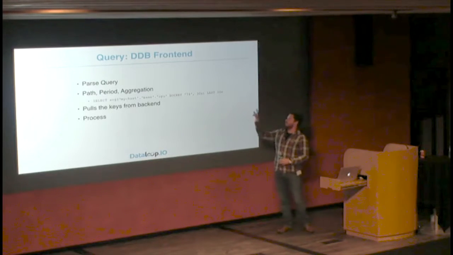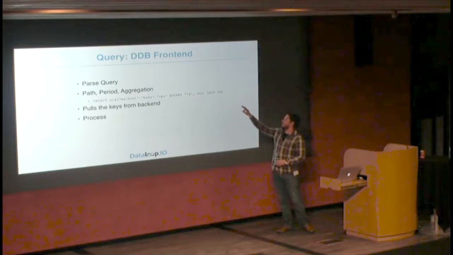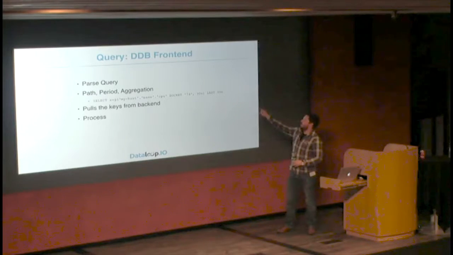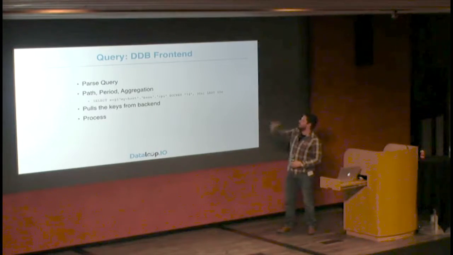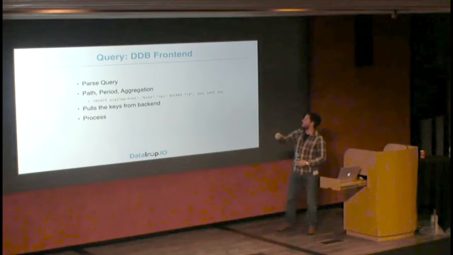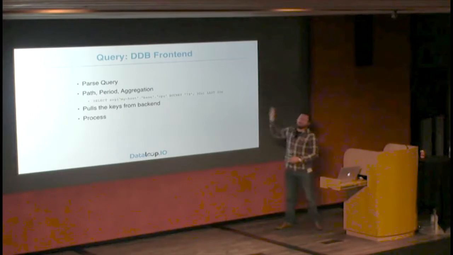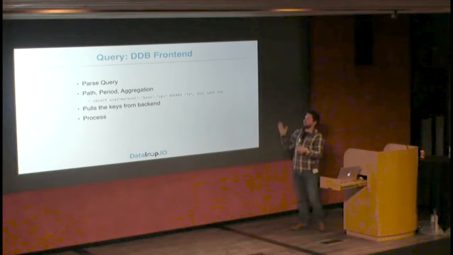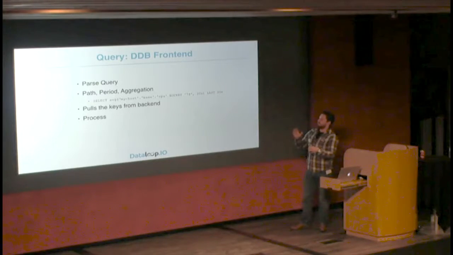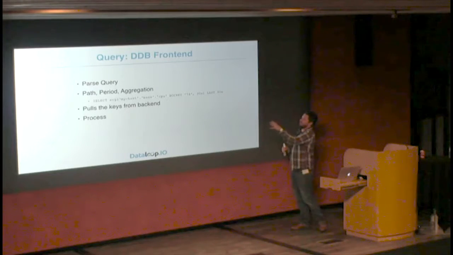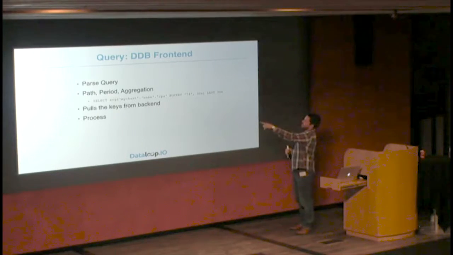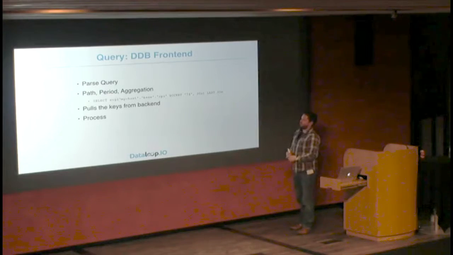Okay, so this will pull out the data and then do a 30-second average on all that data for the last 30 minutes of data that it's got. So it's a fairly simple query mechanism, but it's also quite powerful. We can build these different aggregations on top of the data.